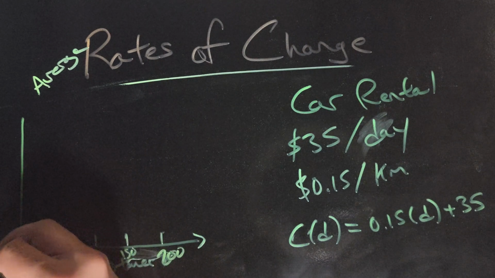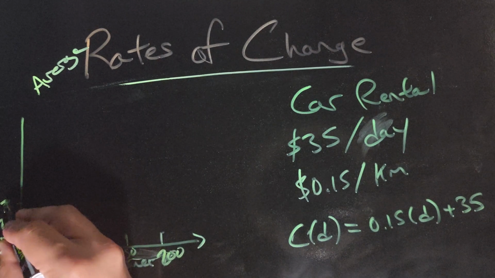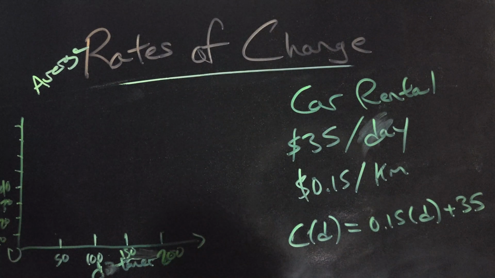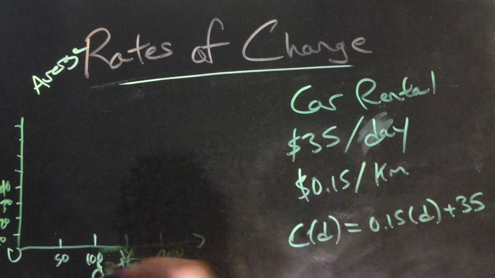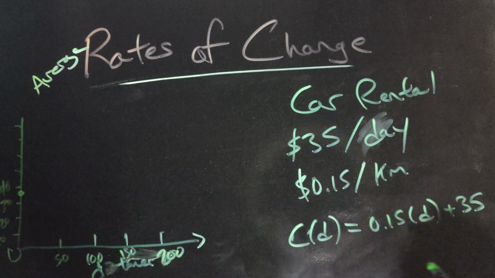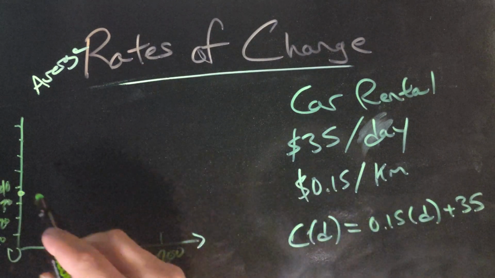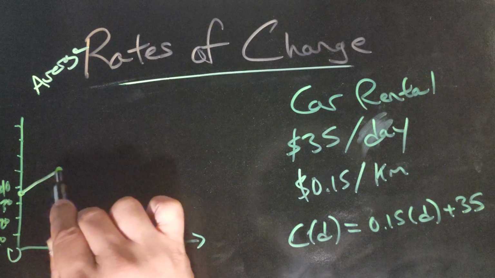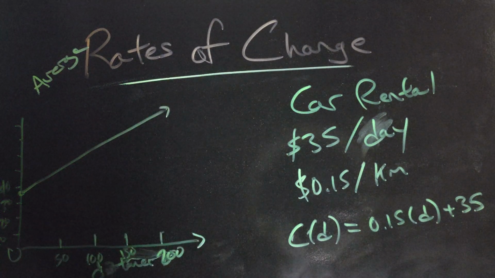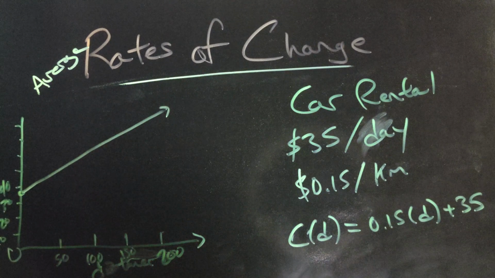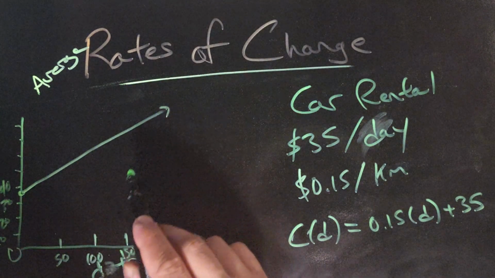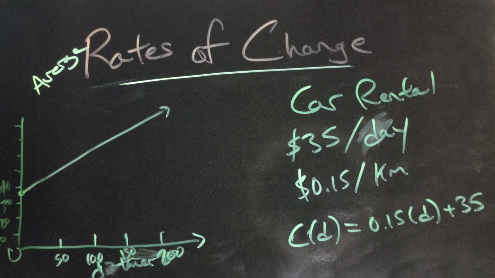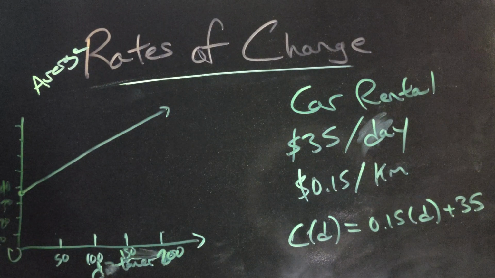Then you do the cost, 10, 20, 30, 40, 50, 60, 70, 80, and so on. So we know that if we were to draw this out, we start at 35, and then we do 15 cents per kilometer. So the more she drives, it just keeps going. So we can see right away that the rate of change is constant in this example, because our line is straight.